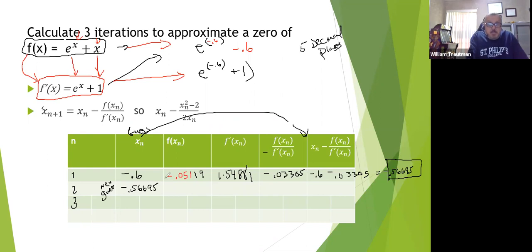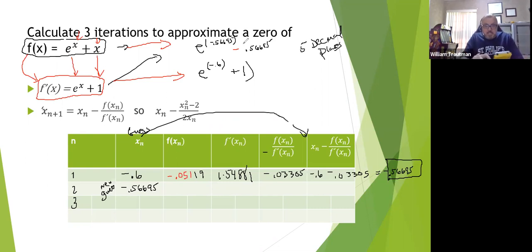And we do the same thing. I'm going to put that number in here, negative 0.56695. I'm also going to put it right here, negative 0.56695.